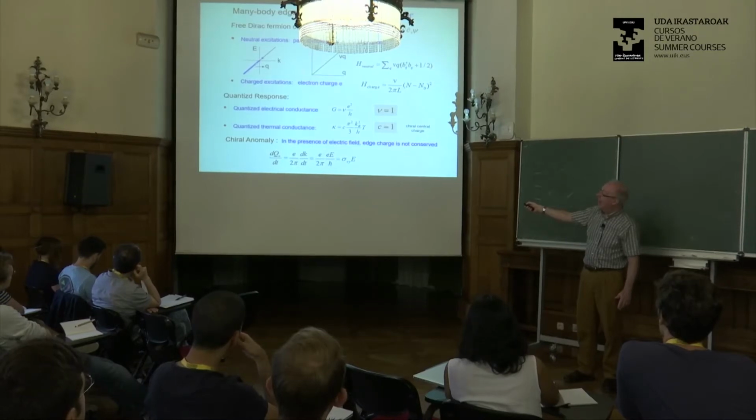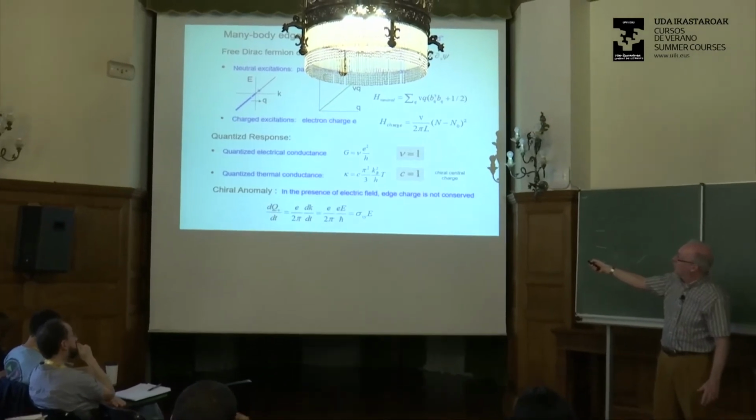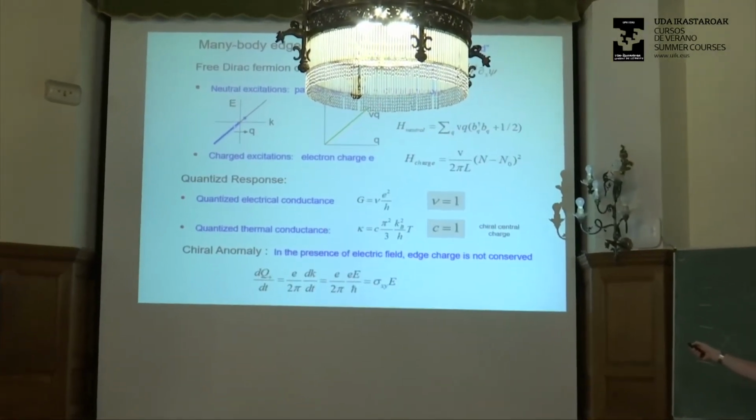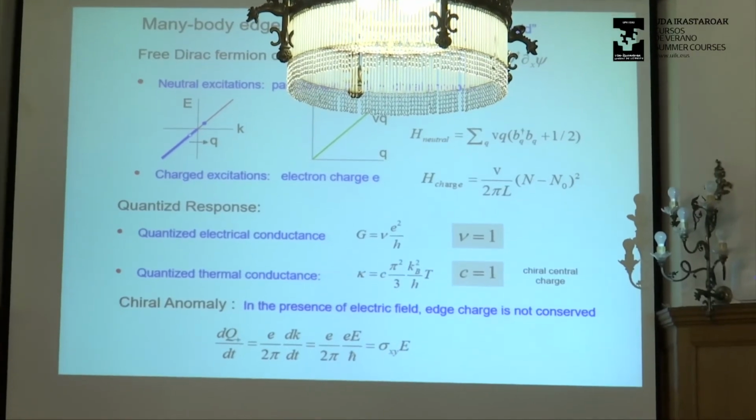So the dispersion for neutral excitations is linear in q. It looks just like a sound mode, like an acoustic phonon. Of course, it's only the acoustic phonons going in one direction.